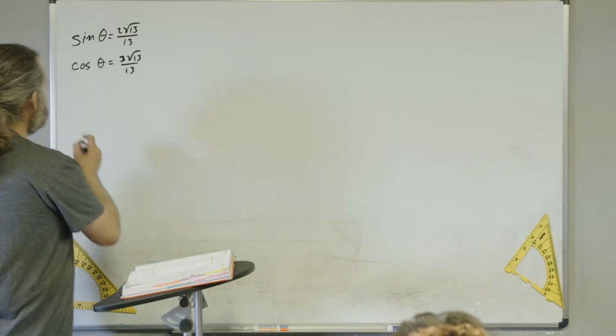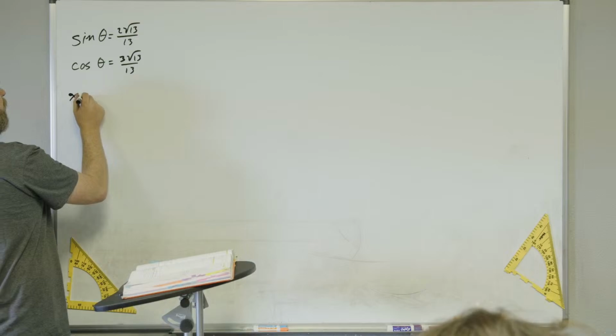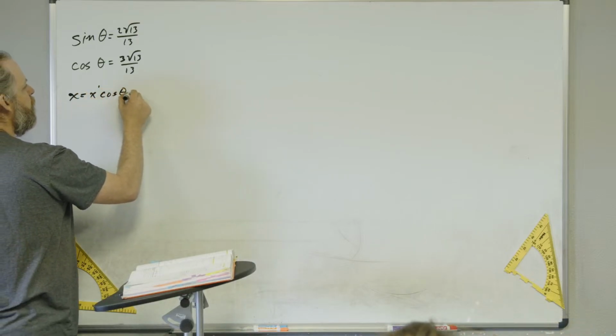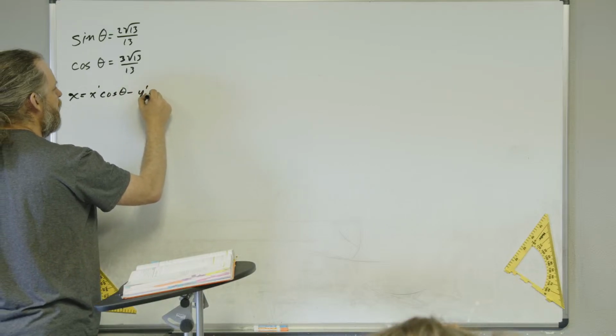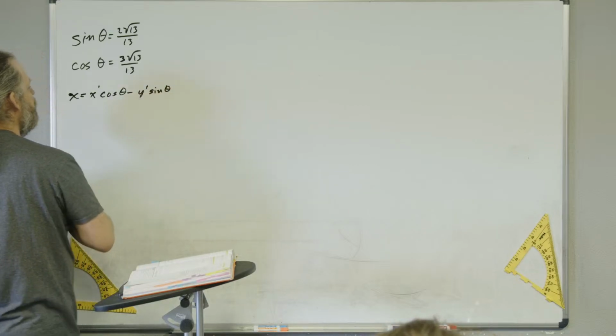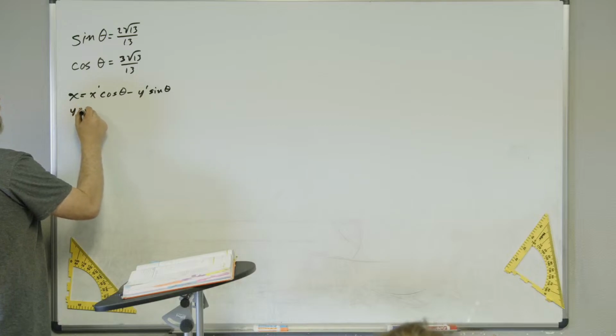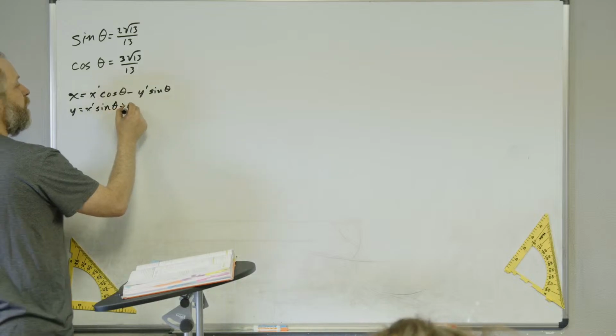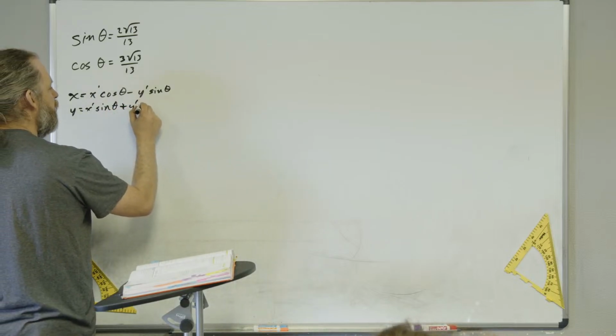Now we found the equations for x and y. We'll walk through that again. So x is x prime cosine theta minus y prime sine theta, and y is x prime sine theta plus y prime cosine theta.